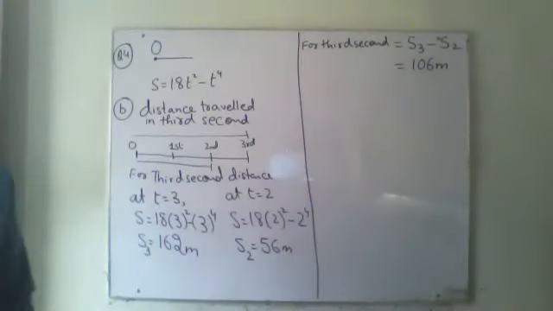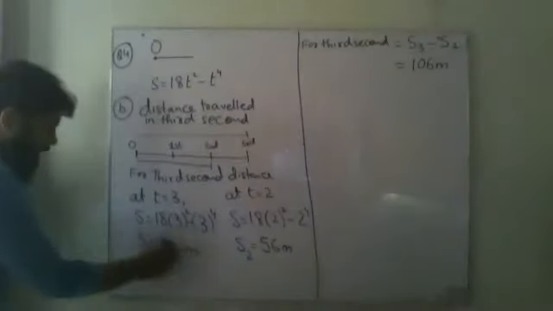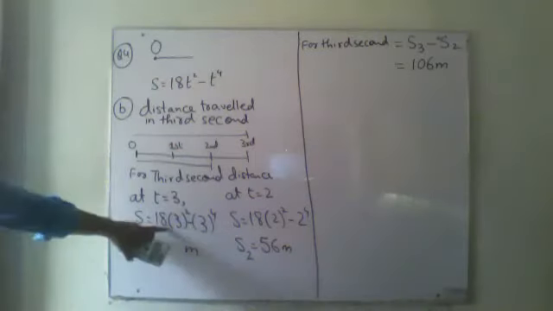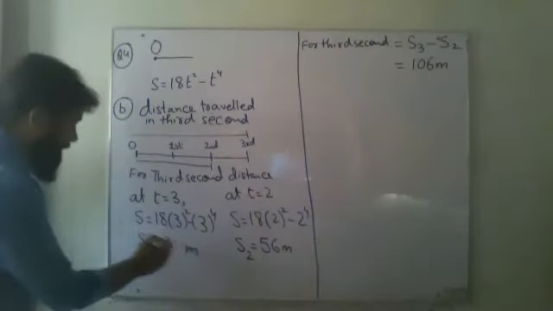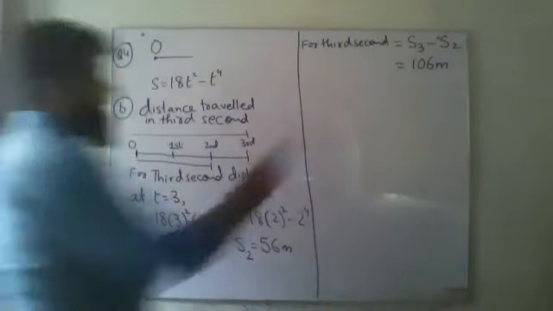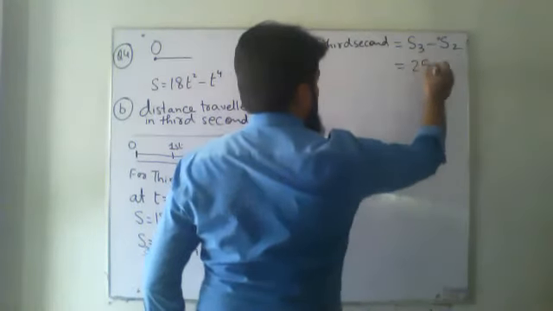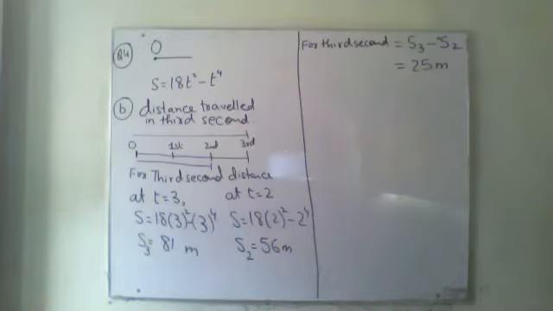One thing, this is coming 81. I have only calculated this part. This is coming 81. And 81 minus 56, the result is coming 25 meter. That's the final answer.